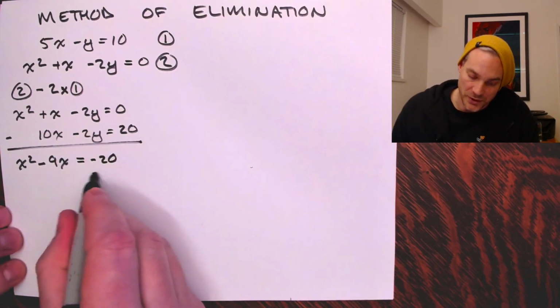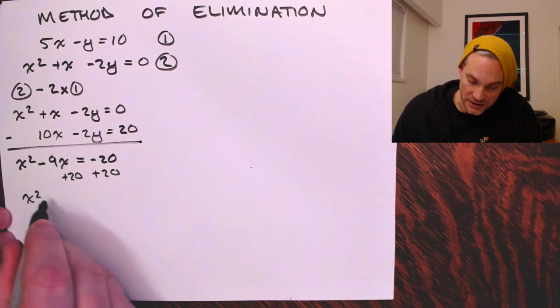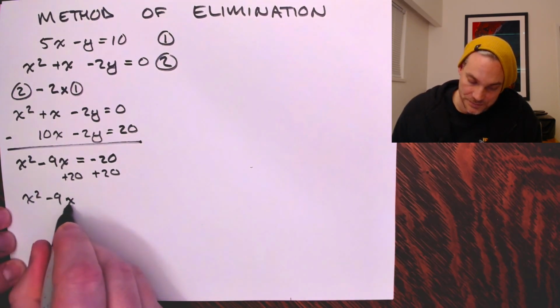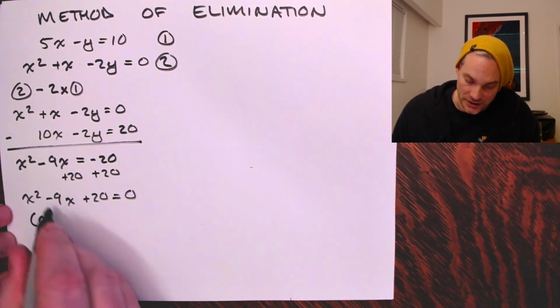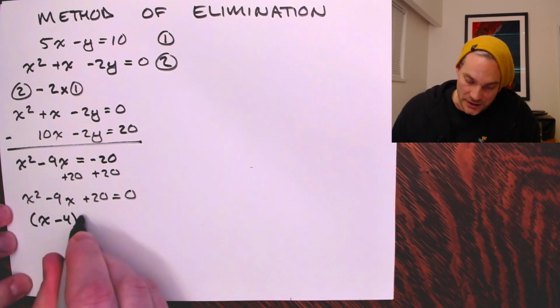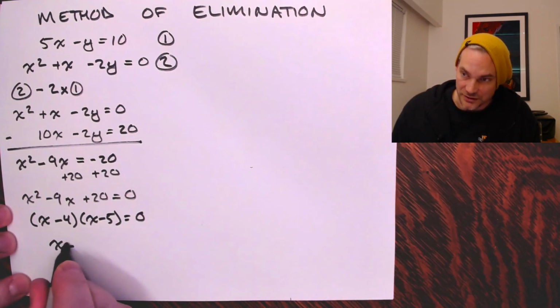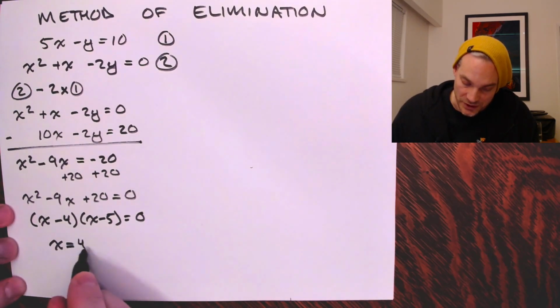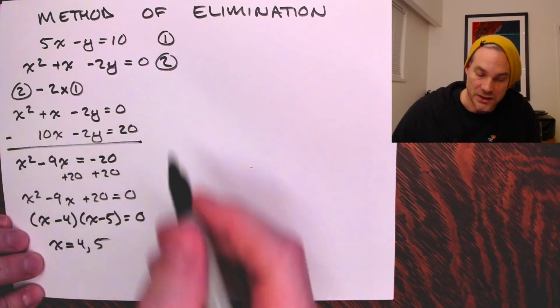Well, if I move the 20 to the other side, now I have a really easy quadratic that equals 0, and I can factor this, and that's x minus 4 times x minus 5. So I have a solution that x equals 4 and 5. Well, okay, why don't I go back to equation 1 and substitute it in?